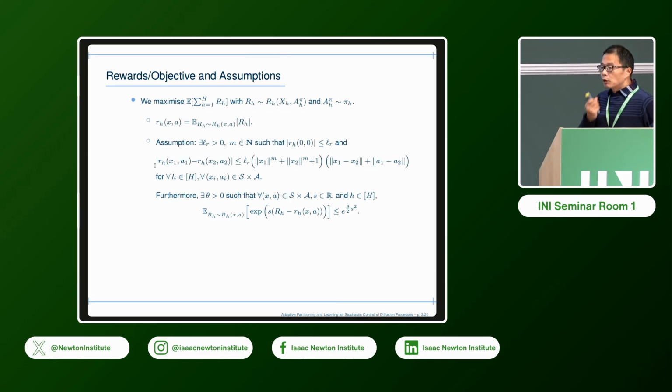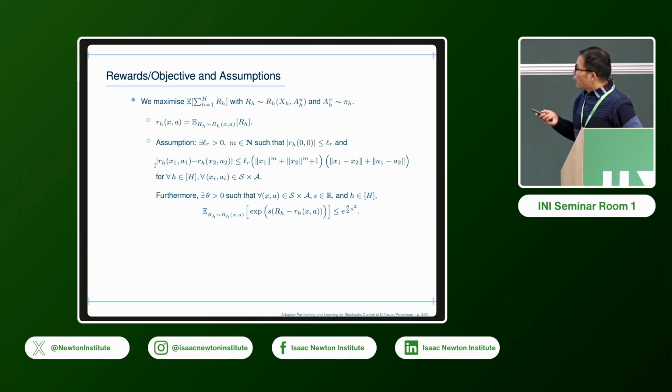Now of course we need some regularity of the system. If we denote this little r h as the expectation of our instant rewards, given the current state and action, then we need our expected reward to satisfy this continuity.